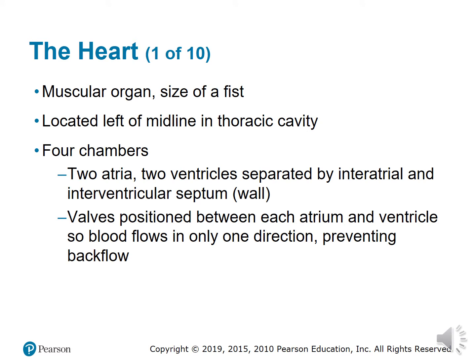The heart is a muscular organ the size of a fist, the size of an adult man's fist. It's located left of the median of the thoracic cavity. The heart has four chambers, two atria and two ventricles, separated by the interatrial and interventricular septum.